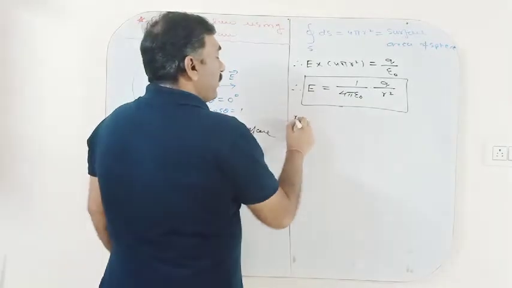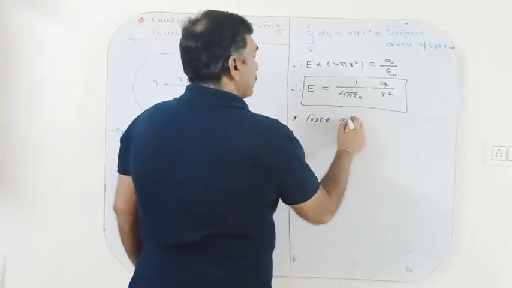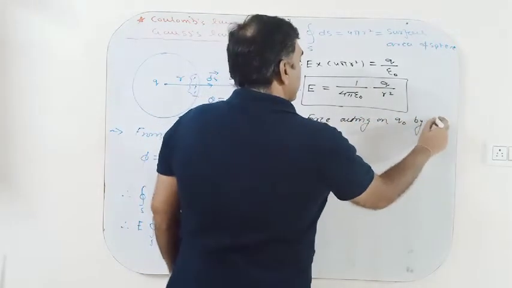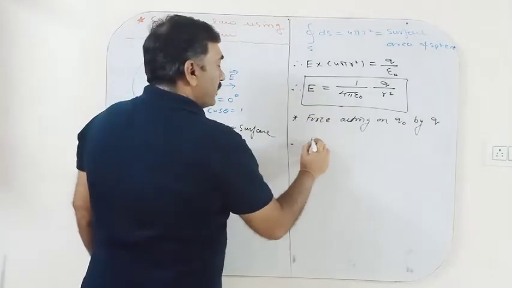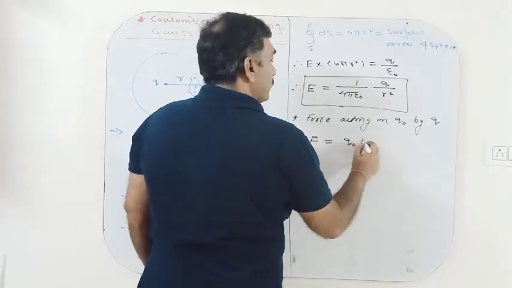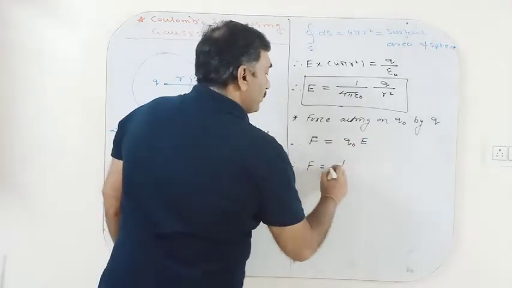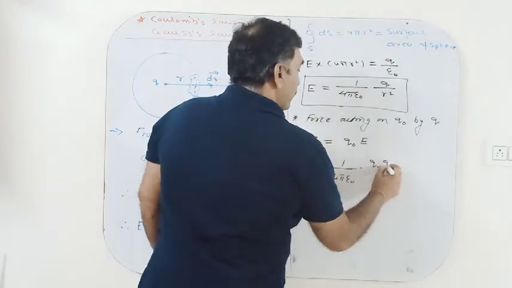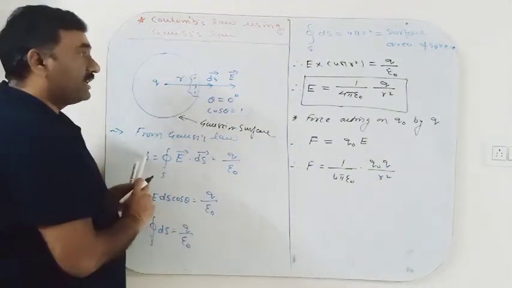So now we have to obtain Coulomb's law. The force acting on q naught by q when the electric field is given: what is the formula for force? F is equal to q naught into E. So we get F is equal to 1 upon 4 pi epsilon 0 times q naught q upon r square. What is the direction of the electric field?